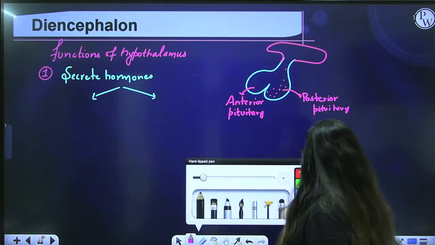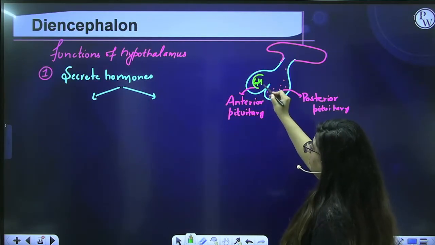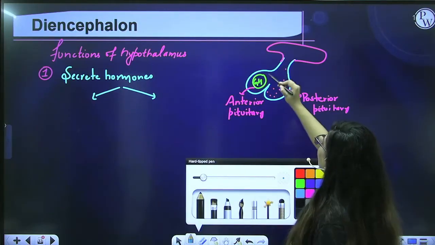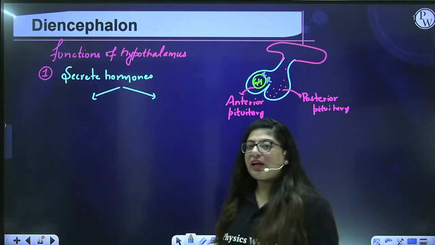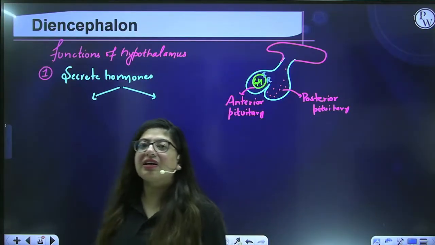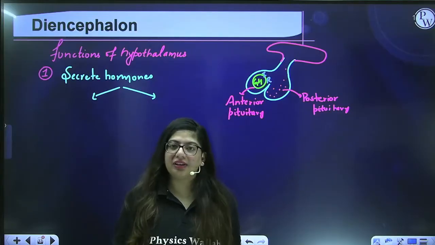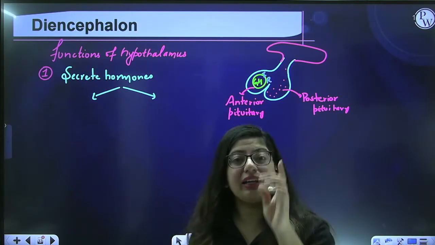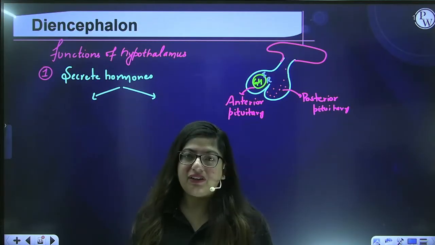For example, growth hormone is secreted by the anterior pituitary. The hypothalamus may release an inhibiting hormone or a releasing hormone. If it secretes the releasing hormone, growth hormone will be secreted by the anterior pituitary. But if it secretes the inhibiting hormone, growth hormone will not be secreted.